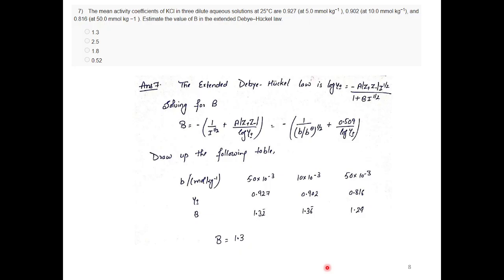B is one of them, called the size parameter correction. This B, in the Debye limiting law, is one of multiple corrections you can make. B has the same unit as the square root of ionic strength, right? So that's why you are getting this B value. This B value is the size parameter.